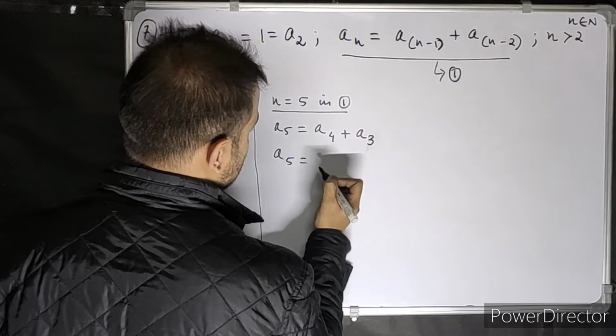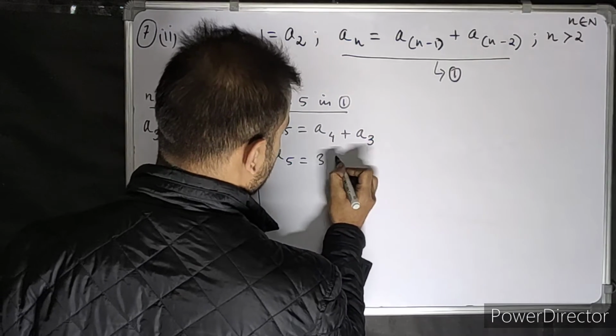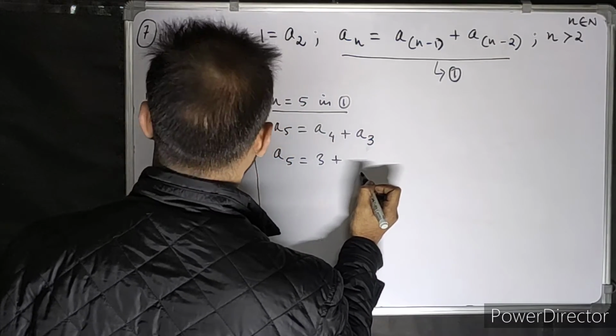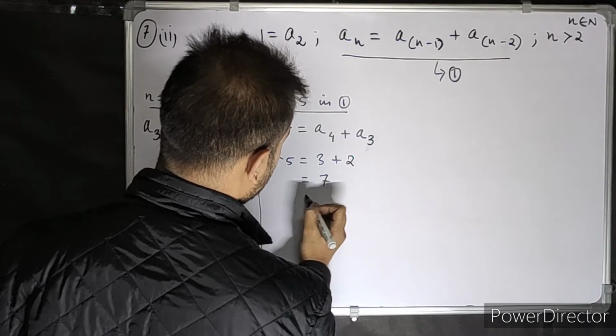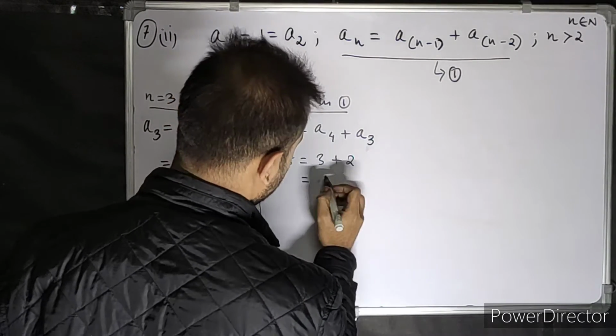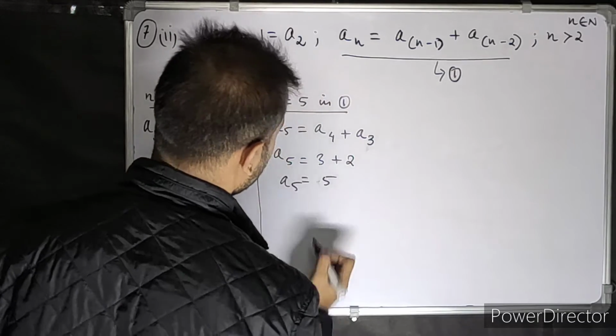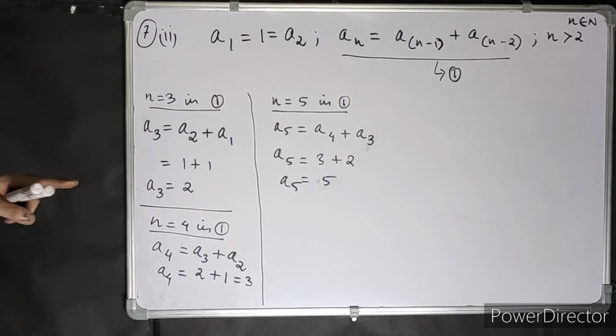So A5 is equal to A4, that is 3, plus A3, that is 2. That is 5. So A5 is 5.